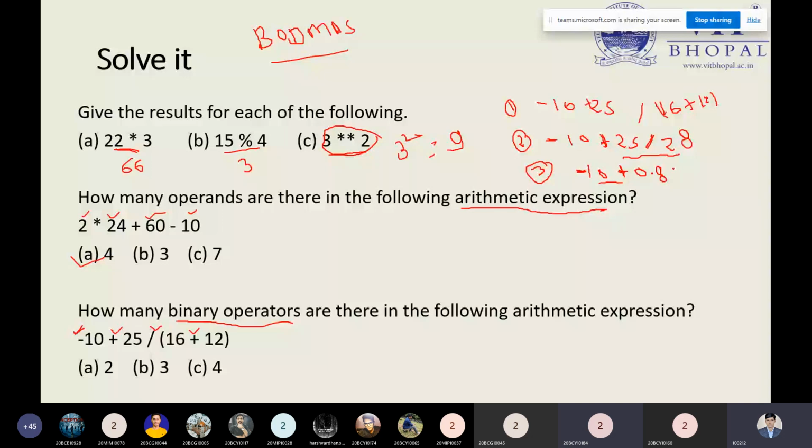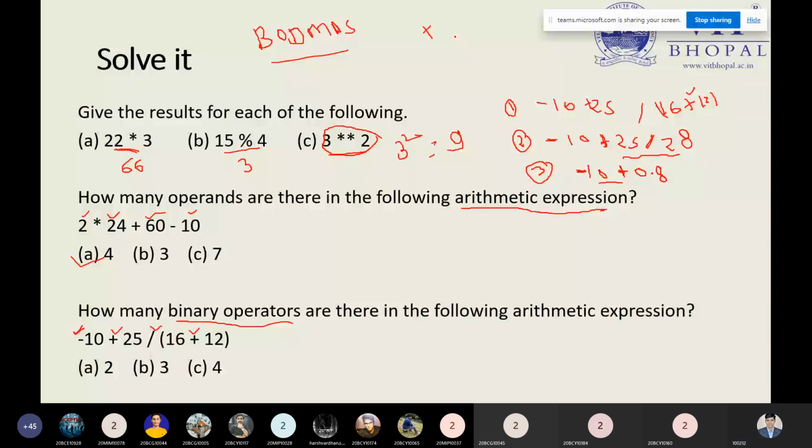So now tell me, according to this question, how many binary operators do we have? 1. But there is no such option here. There is no value of 1; we have 2, 3, 4. We have evaluated this operator that is plus. Plus is also a binary operator. Can we say division is also a binary operator, by which we are functioning?